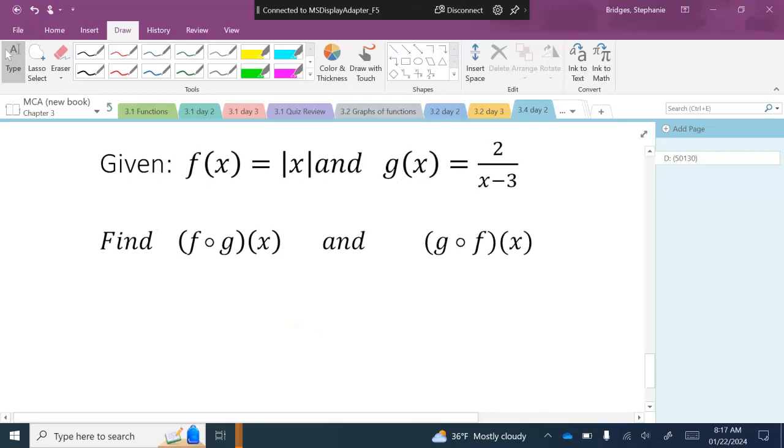F of x is just the absolute value of x. G of x is 2 over x minus 3.